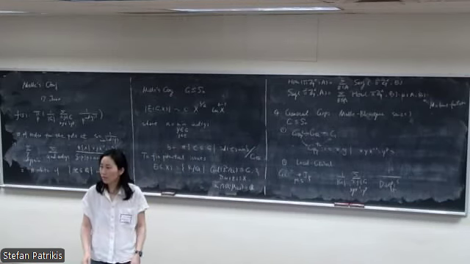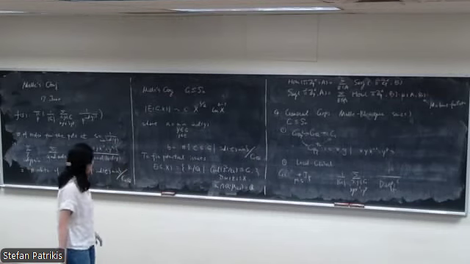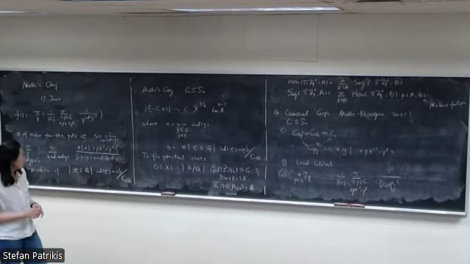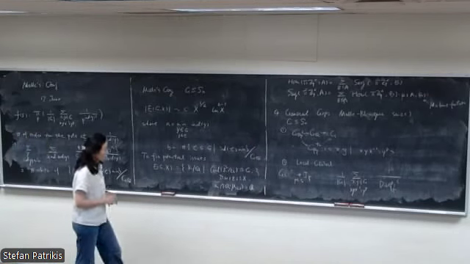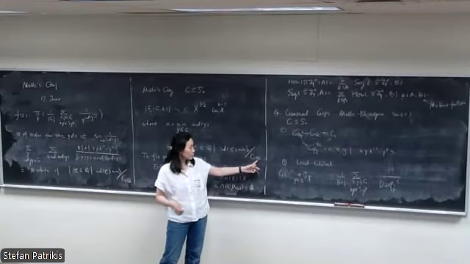What do you change about the heuristic when you have a different base field? That is a good question. If you have a different base field, then you just replace this by G_K, and there's nothing else.